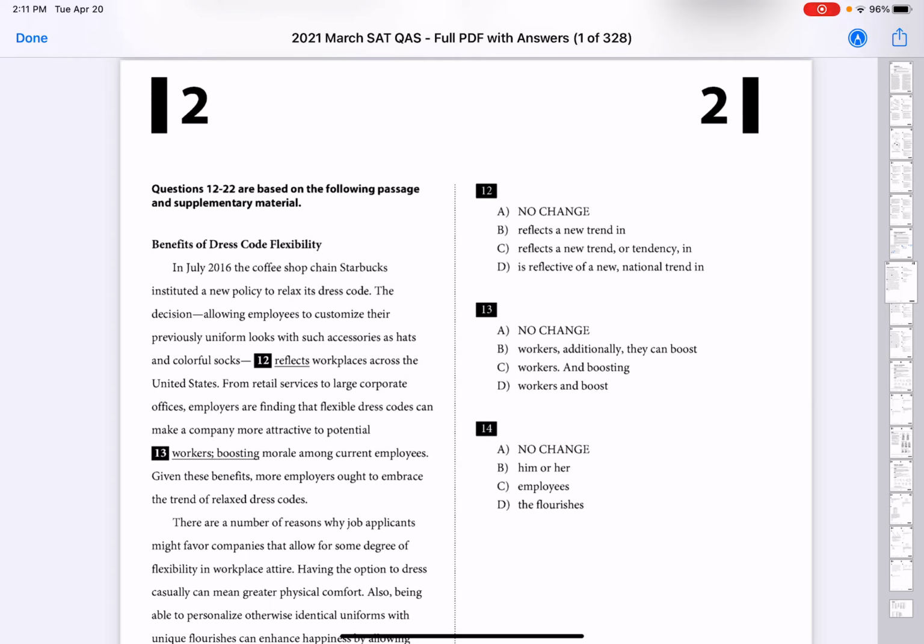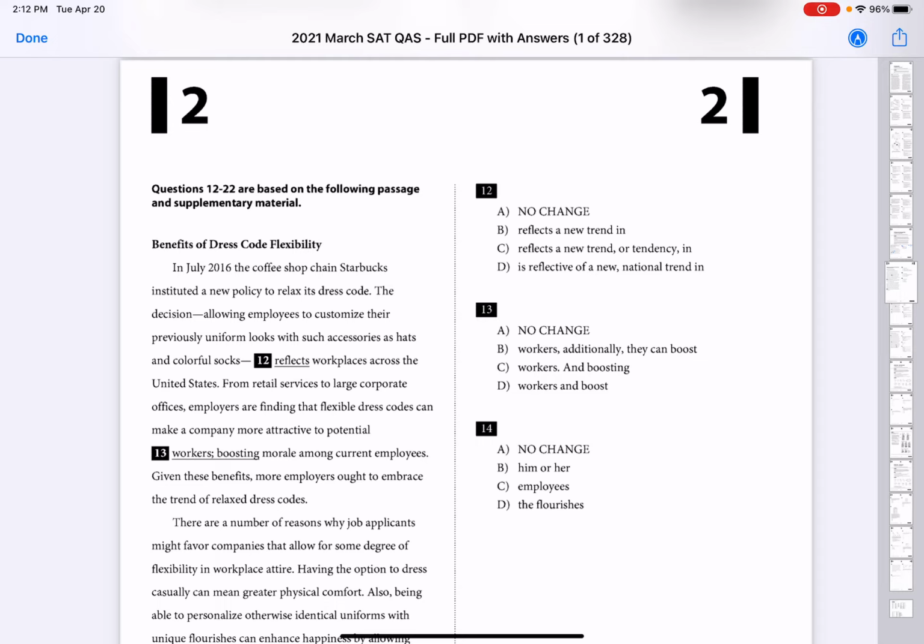Okay, so let's do the next passage. Benefits of dress code flexibility. Okay, so let's try this. It says, in July of 2016, the coffee shop chain Starbucks instituted a new policy to relax its dress code.